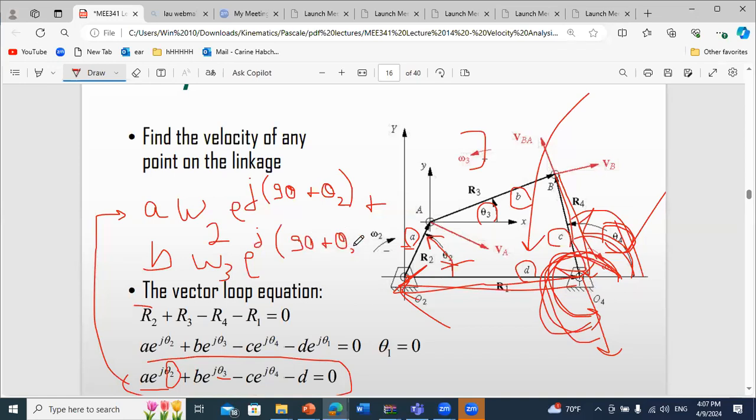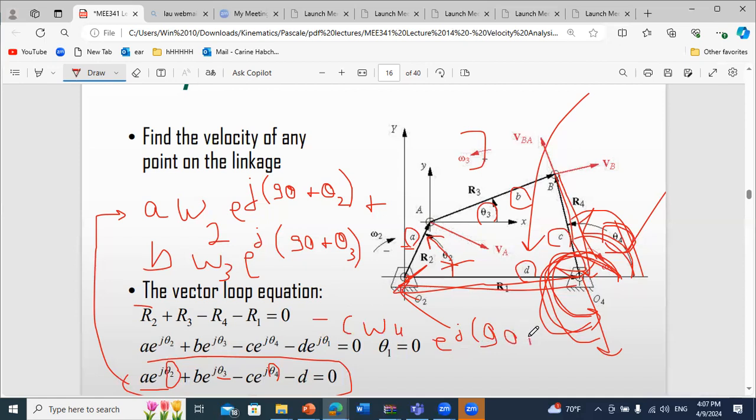Okay. Now, for the third vector, I have magnitude constant, angle theta 4 variable. So minus C omega 4, which is the derivative of theta 4, times e^(j(theta 4 plus 90)).